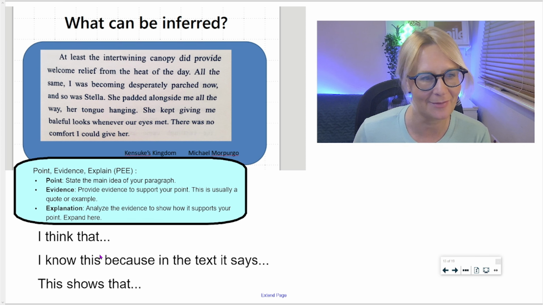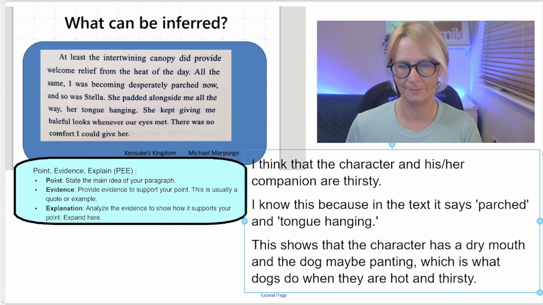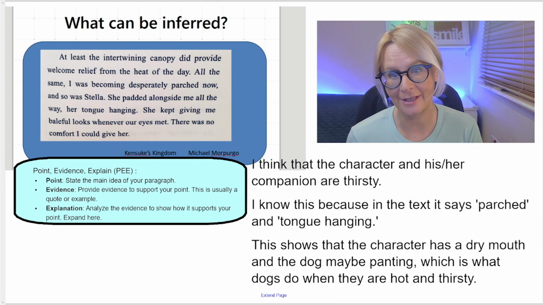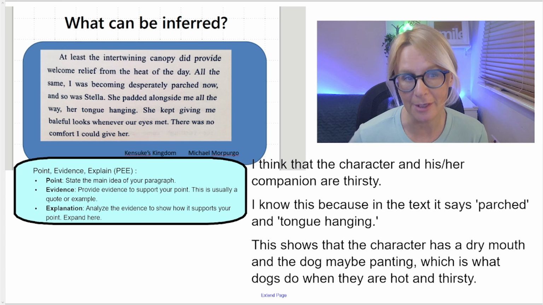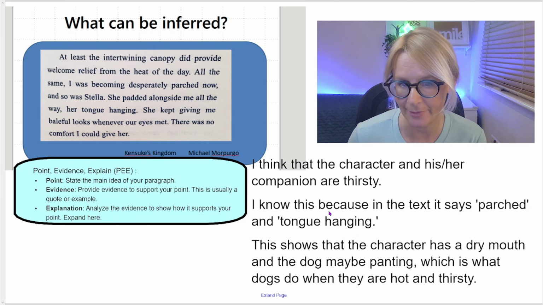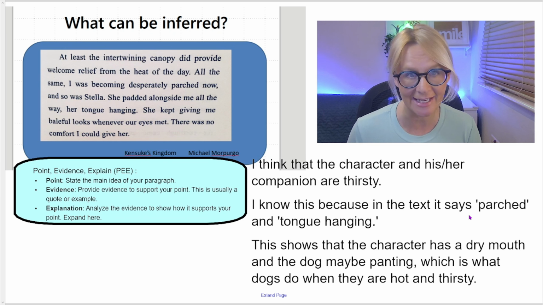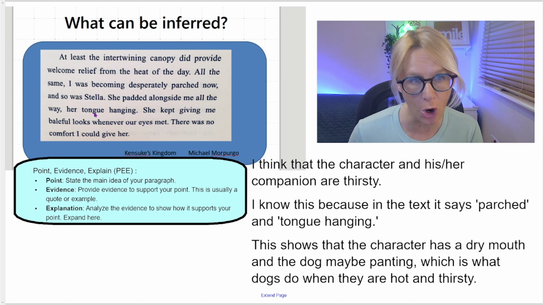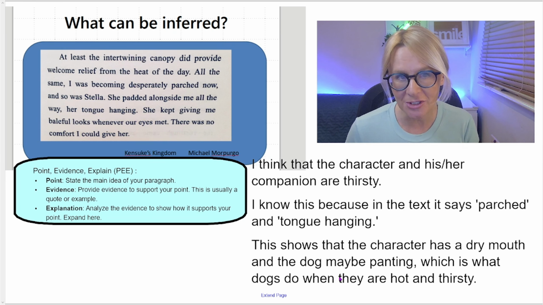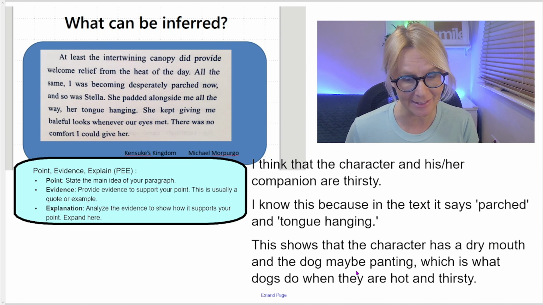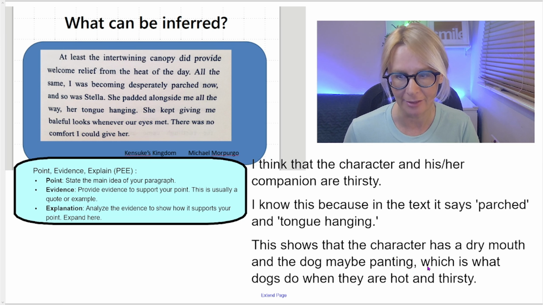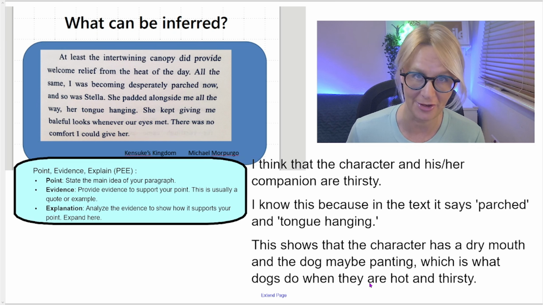Okay, so let's think about this then. What could we say? I think that the character and his or her companion are thirsty. I know this because, so this is me giving my evidence now, and I'm quoting directly from the text. I know this because in the text it says parched and tongue hanging. This shows that the character has a dry mouth and that the dog may be panting, or the companion may be panting, which is what dogs do when they are hot and thirsty.